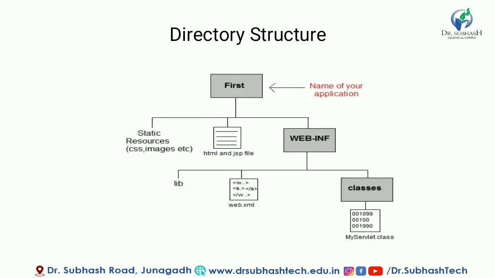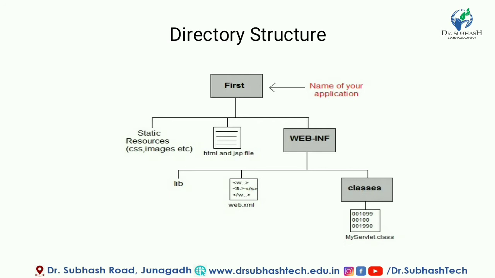Moving further, we will see the directory structure of the web application. In the root, meaning the top, we have to write the name of our application. This will be the main directory, meaning a folder, in which the subfolders or subdirectories will be there.